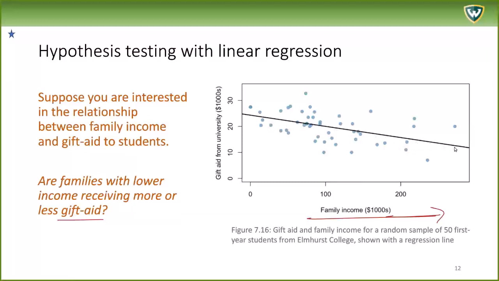Well, it seems linear and also negative. As one goes up, the other goes down. So it does seem at first that the more income a family has, the less gift aid they receive, which is supposedly a good thing because that's what the program was for.